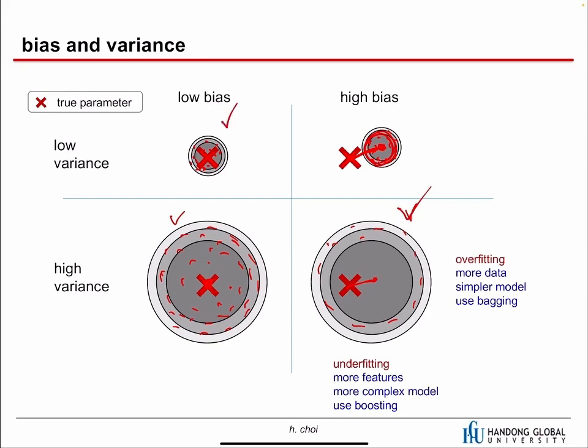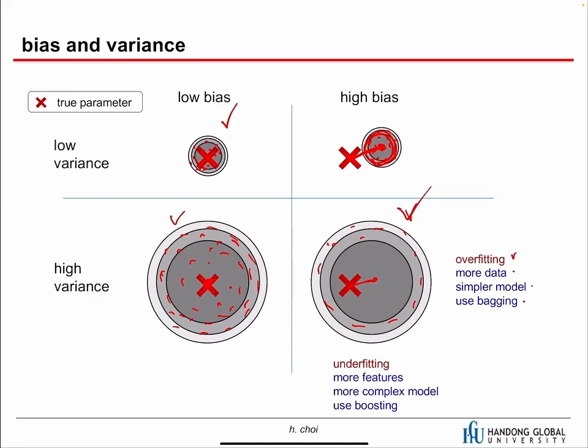Okay. And when we have a high variance, then we have an overfitting problem. Then we can use more data and we can make the model simpler, and we can use bagging. So in the ensemble model, we talked about bagging and boosting, right?